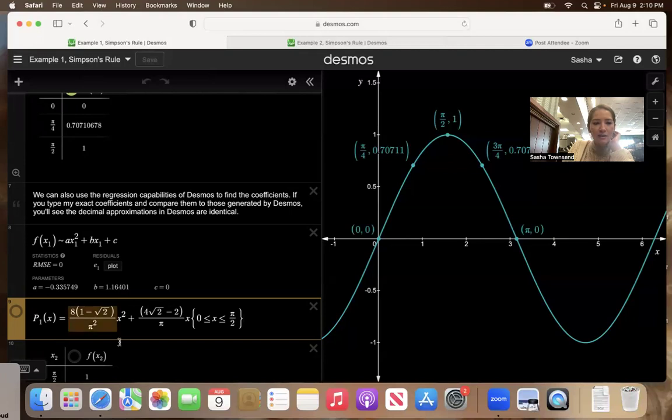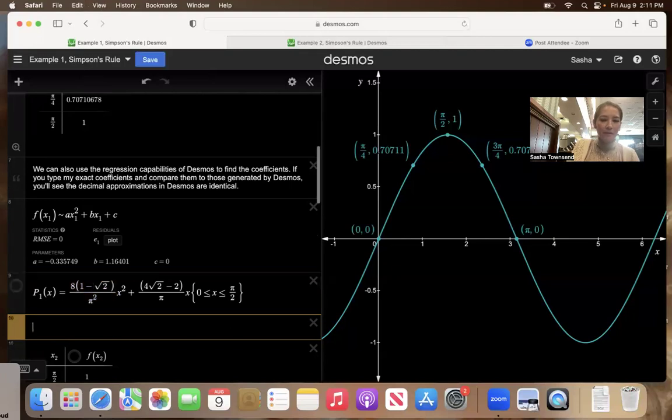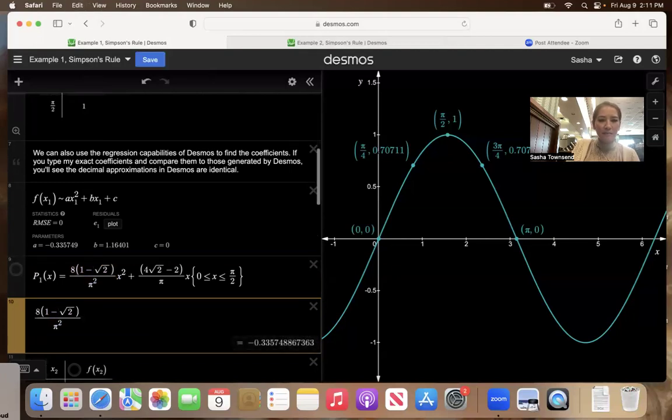My a value is 8 times the quantity 1 minus the square root of 2 divided by pi squared. Just want to copy and paste that. You see it's that negative 0.3357. It's the same as the value that they're getting when they use the regression capabilities of Desmos.